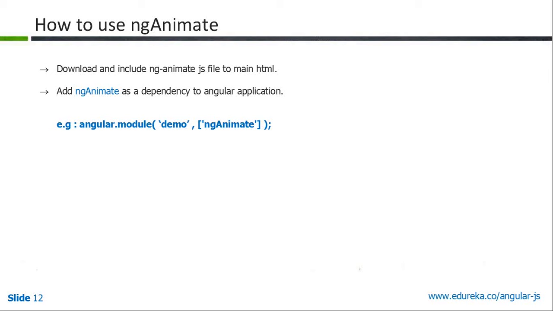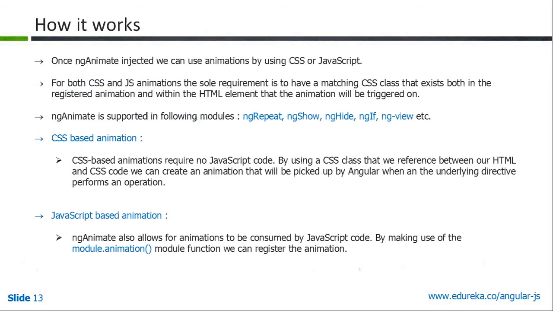For example, if you want to use the Bootstrap module, what we have done is first download the Bootstrap file and include it in our HTML page. Then we have to include that module as a dependency to our AngularJS application. In the same way, we download the ng-animate file, then include ng-animate as a dependency to your application. Then you should be able to access all the ng-animate functionalities.